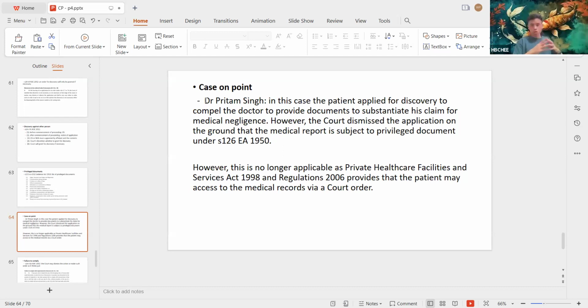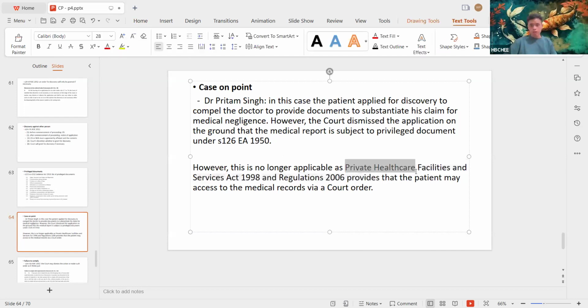However, this is no longer applicable because the Private Healthcare Facilities and Services Act 1998 and regulations 2006 provide that the patient may have the right to access the medical records via a court order. So actually, what I am going to say is that in Dr. Pritam's case, the court held that the medical report is a privileged document.